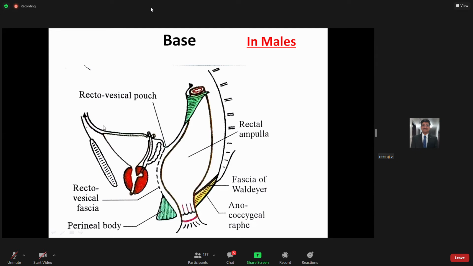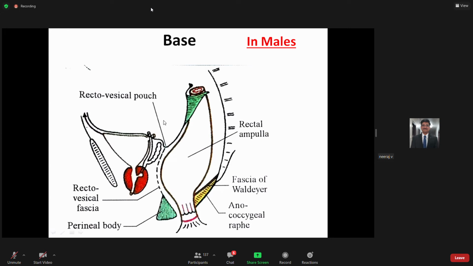So here the peritoneum forms a relation with the base of the urinary bladder only in its upper part. Otherwise, you can see there is no peritoneum, because the peritoneum reflects and forms this rectovesical pouch over here, right?